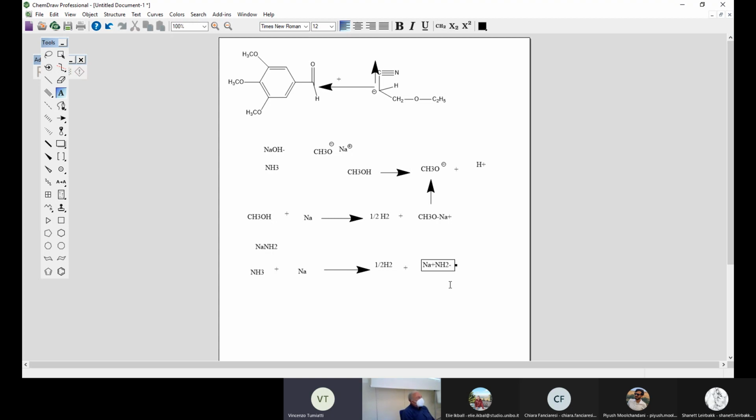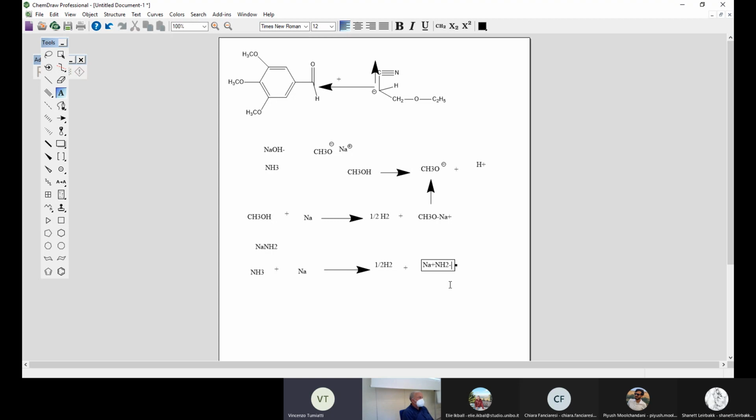So we have to take away a proton from ammonia. Ammonia is not an acid, so normally it cannot lose a proton.